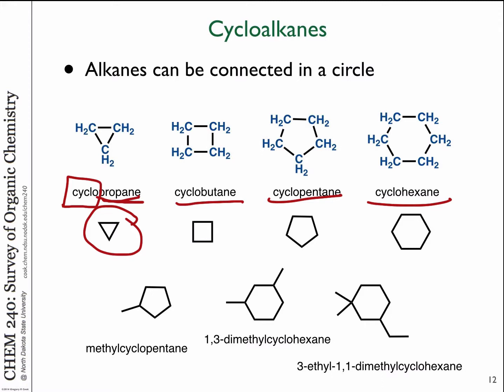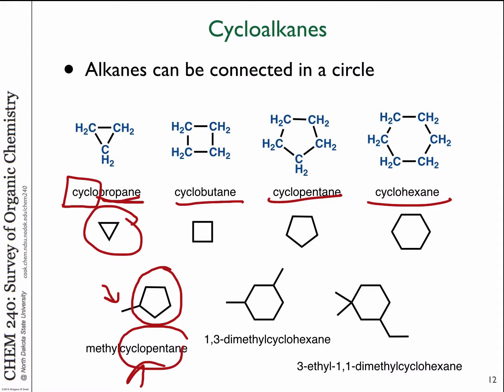So in this case, we simply call this methyl cyclopentane. Okay? Because the parent cyclopentane encompasses all of those 5 carbons in the ring, and then the substituent is the additional carbon from that CH3 group.